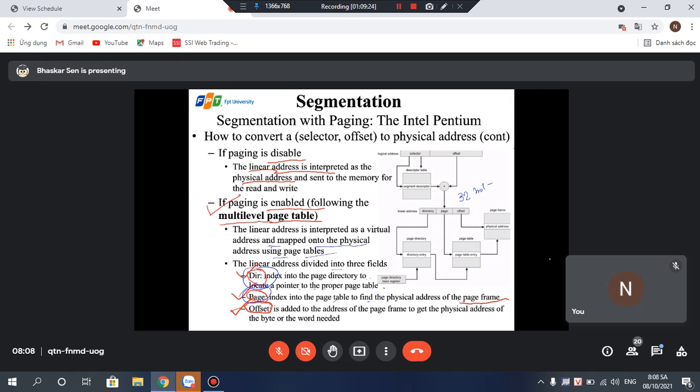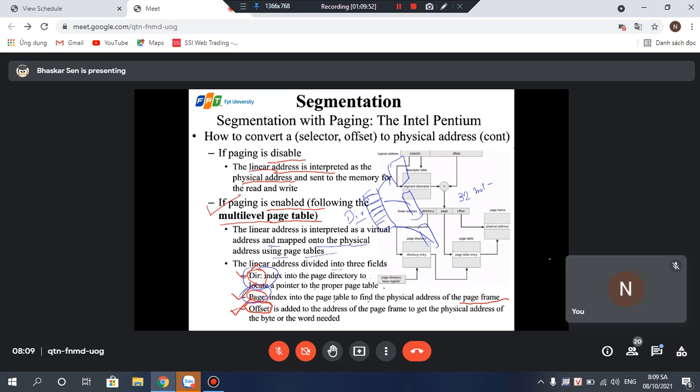Right. So the first part will tell you a directory, just like a directory entry. Directory entry means it is an entry for it. It is also a page table, but in this page table, these indexes refer to other page tables.